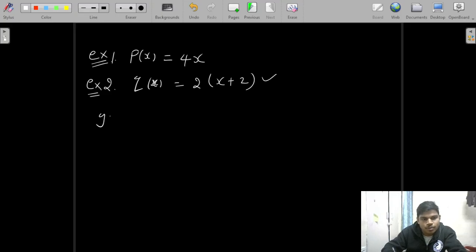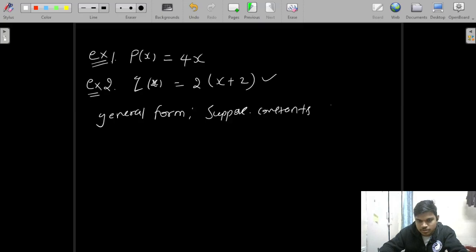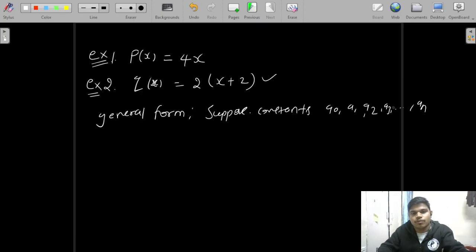So what is the general form? The general form means how my arbitrary polynomial looks. Suppose I am taking some constants a0, a1, a2, a3, and an. Constant means that it is fixed. Fixed might be an integer, might be a real number.